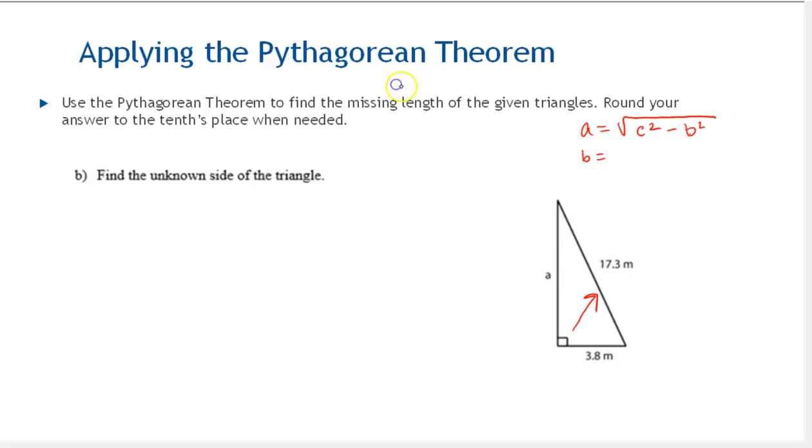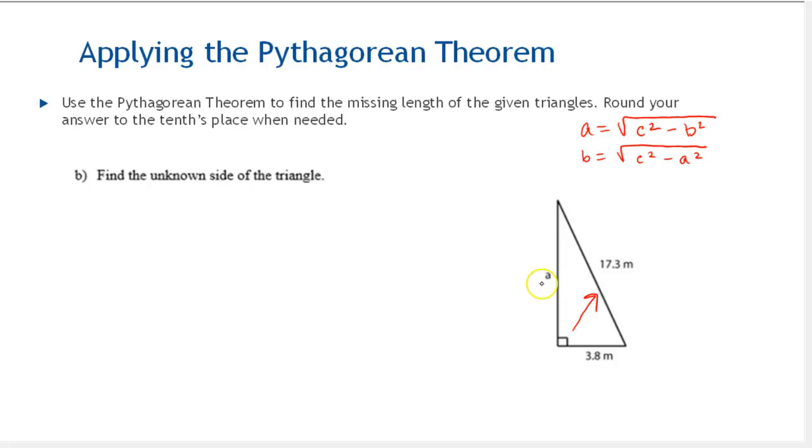An equivalent formula, it really doesn't matter what you call a and b, but I just want to give you both, is if we were to call this b, we would take the hypotenuse squared, subtract off the other leg squared. These are really equivalent, so you don't need to remember them both separately. Just remember that a and b are interchangeable, c is not.